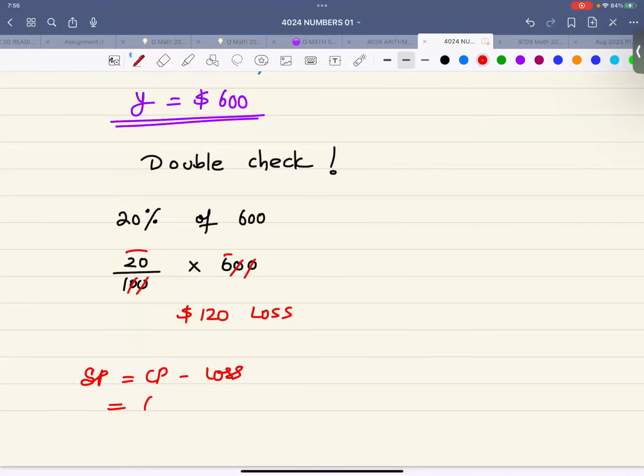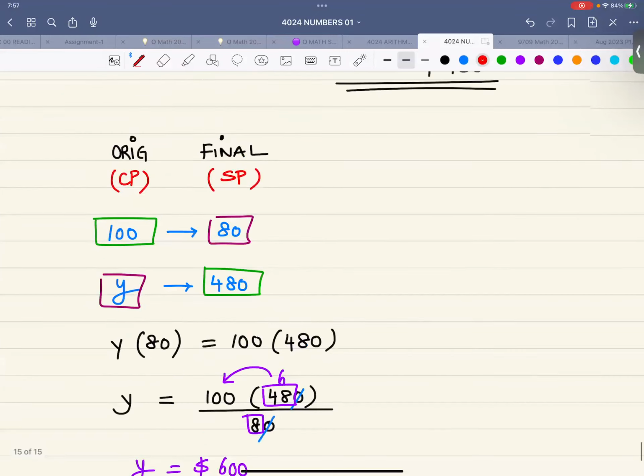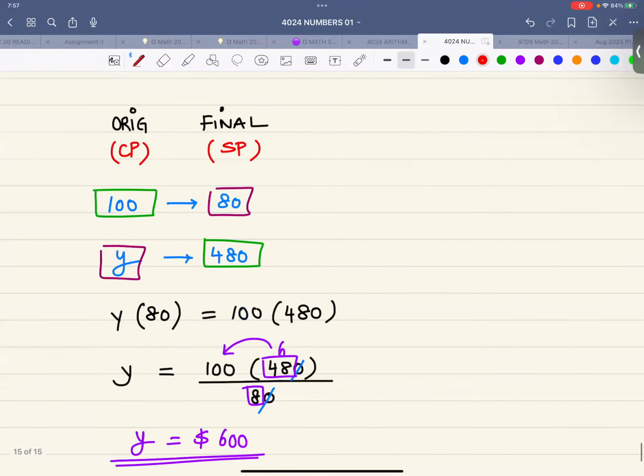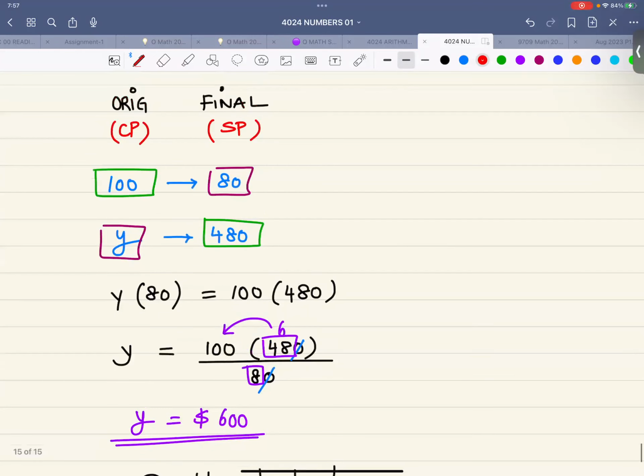The cost price is 600 minus 120. That's a big zero over here, let me make it smaller. Minus 120 comes out to be $480. And that's all good and double checked. Now, I hope this method is all clear. Again, acknowledge, and then I'll explain to you what the longer method is. I have made it much, much easier for you by this short method.